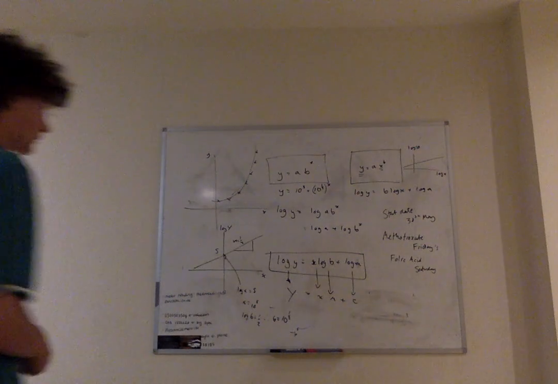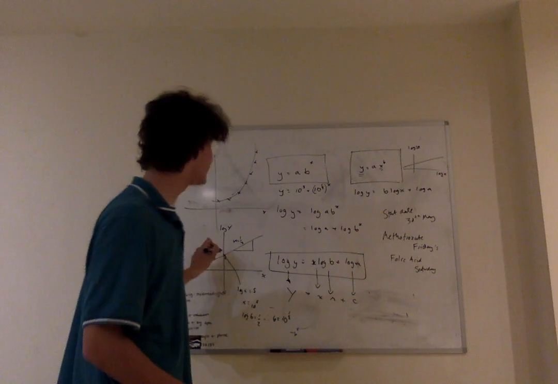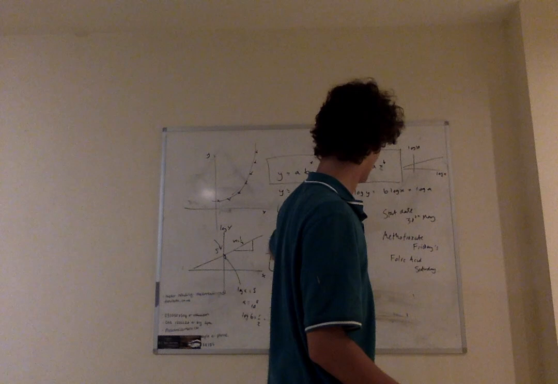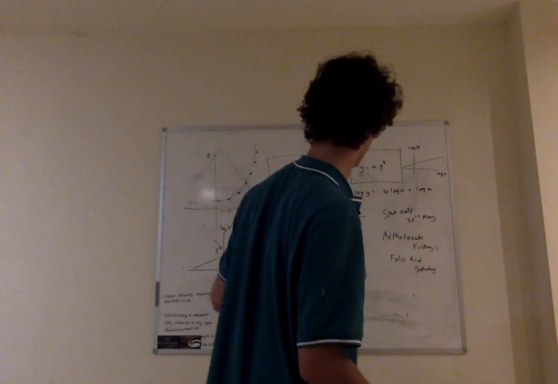Now, if you're actually solving this in an exam, they'll give you one of two things. Maybe they'll show you the intercept here, or maybe they will literally write out a linear equation.